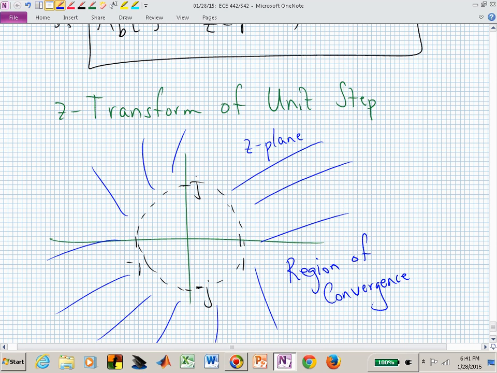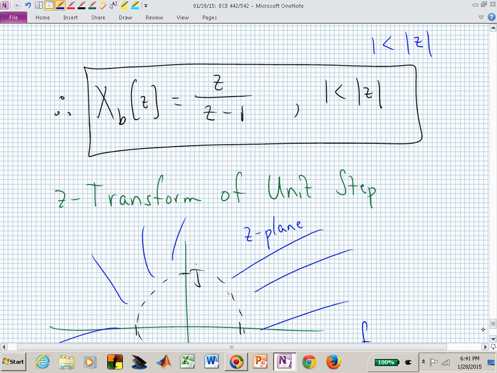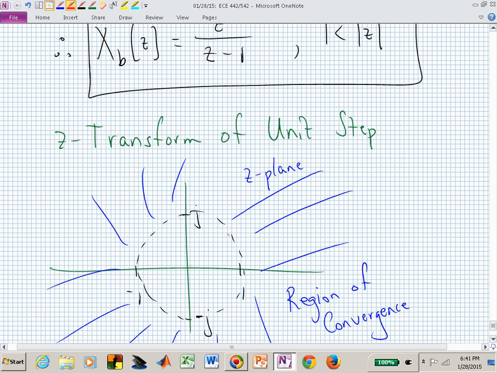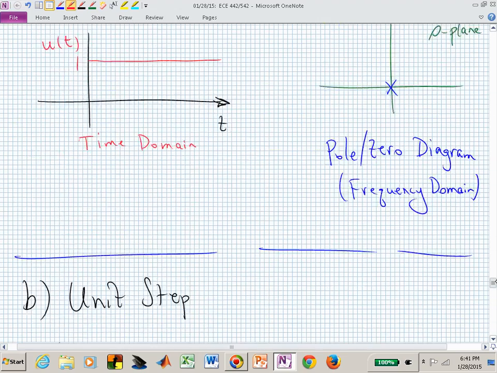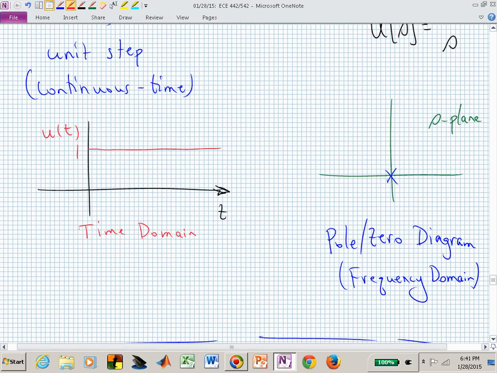And where are the poles and zeros of that transformed or frequency domain representation of the unit step? Do we have any finite zeros? And we have a pole at 1. How does that compare to this pole zero diagram there? That's in the S-plane. S is equal to 0. Where does S equal to 0 map to in the Z-plane?